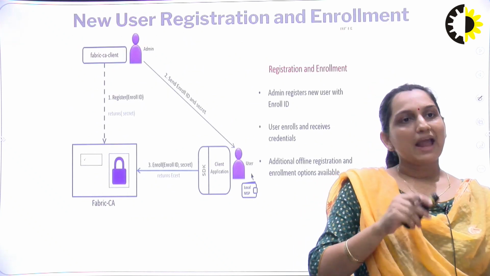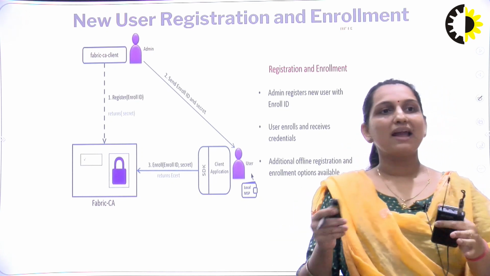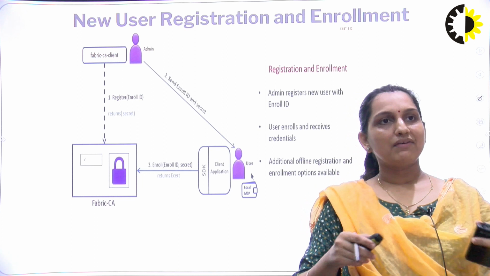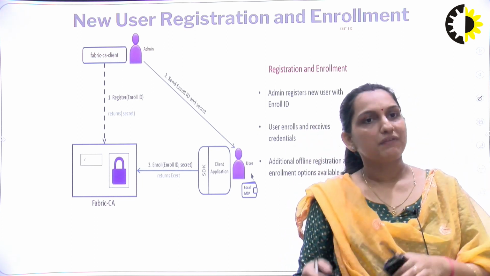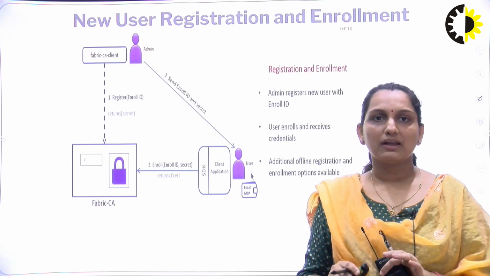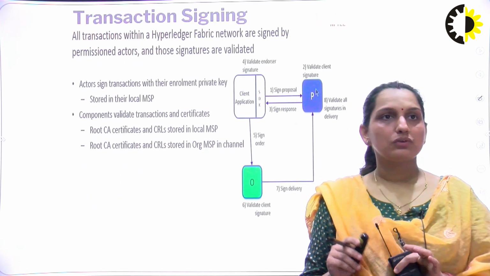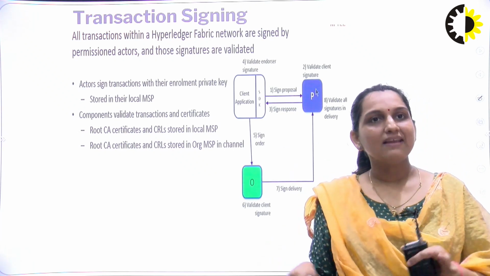Any new person has to register, then come and enroll, with an admin part, a certification part, and an application part. A new user can also come, create an identity, and then enroll. So all these things have to be there.